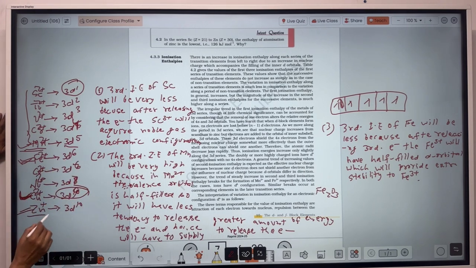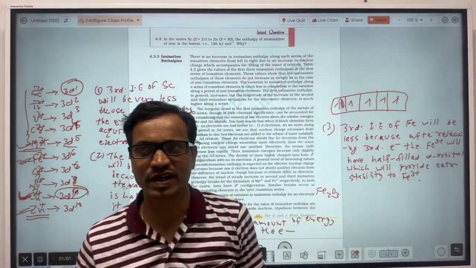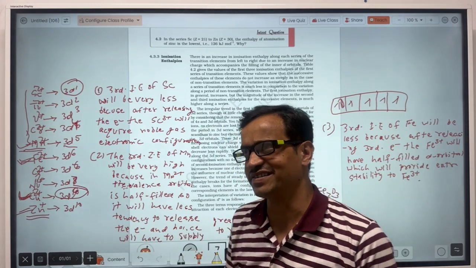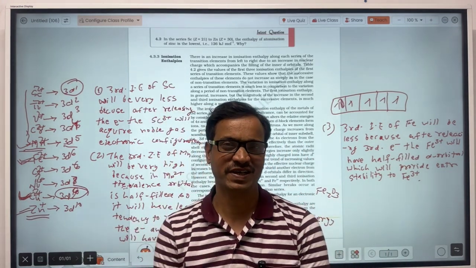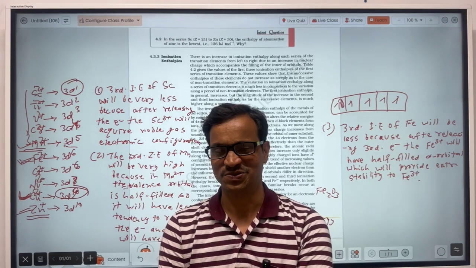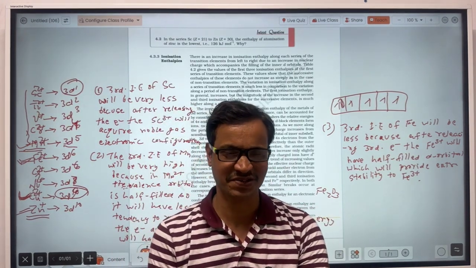Now zinc already has a fully filled d orbital, so zinc will have less tendency. There will be so much requirement of energy to loosen the electron from Zn2+, which is not available practically at room temperature. So that's why zinc shows only one oxidation state, that is +2.